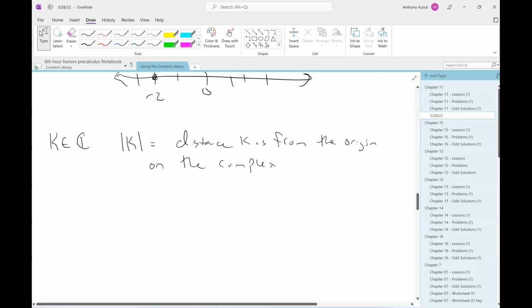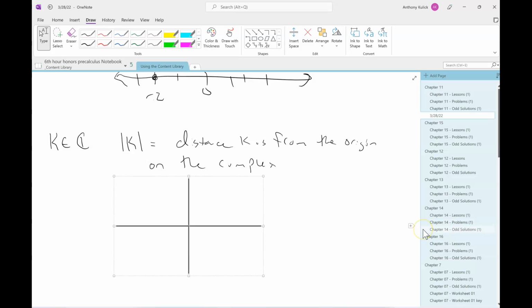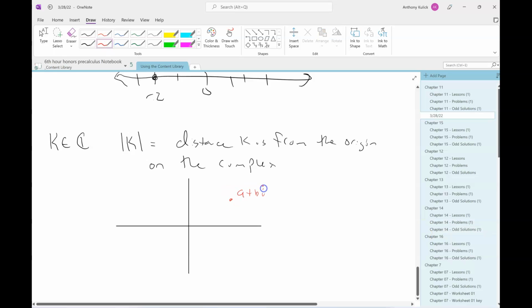Okay, so let's take our complex plane. Boop. And here's some complex number a plus bi. So this is our distance. That must be the absolute value of, oh, I need to give that a name. Kind of the standard is to name complex numbers with z's.